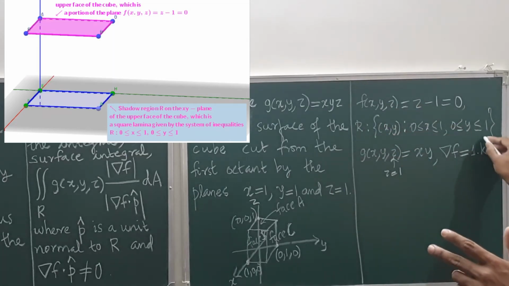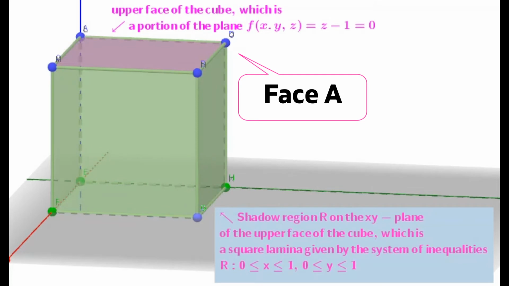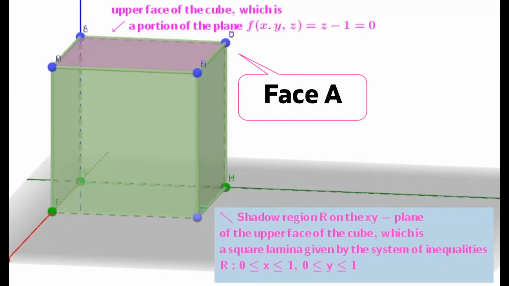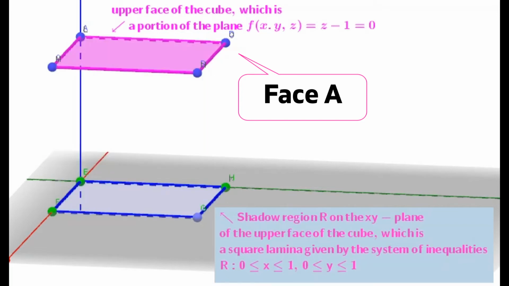The fact that grad f on face A is unit vector k can also be observed from the fact that face A is a portion of the plane z equals 1, so its unit normal vector in the positive direction is unit vector k.